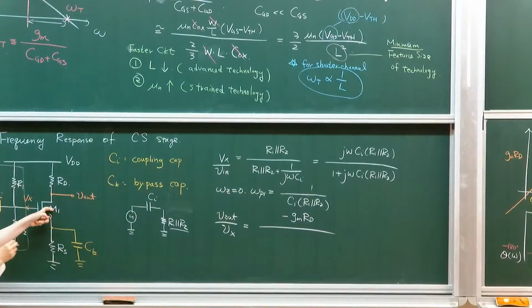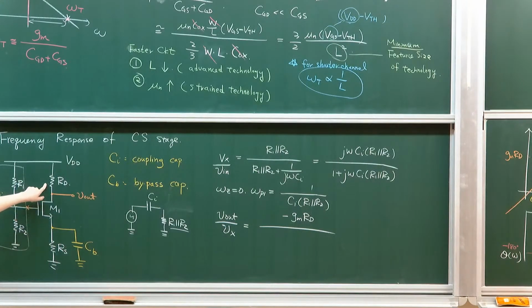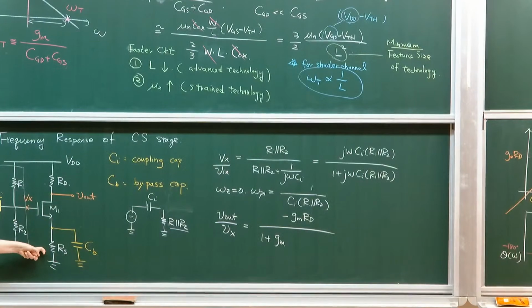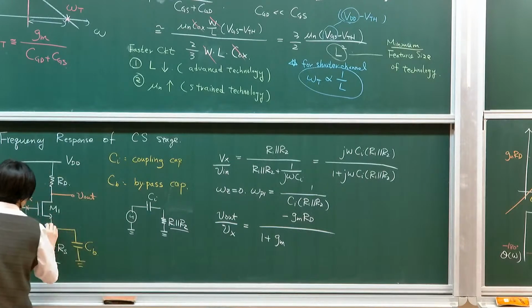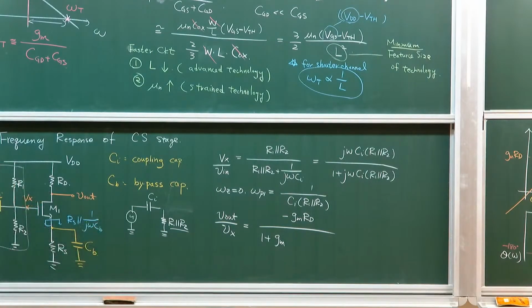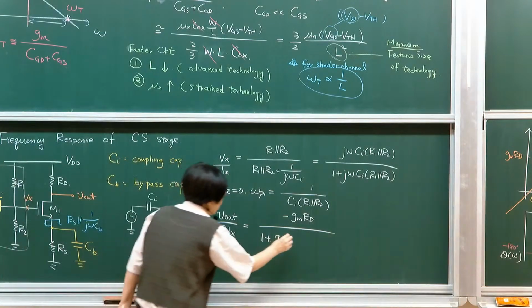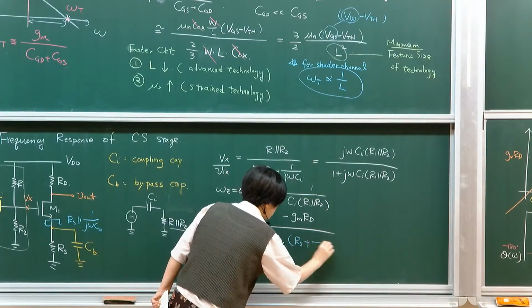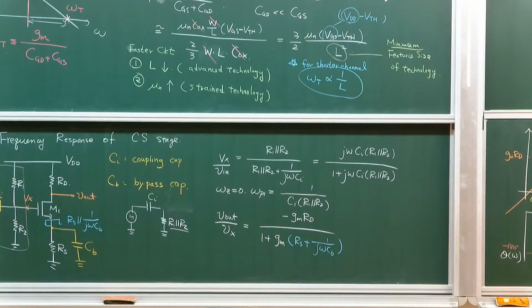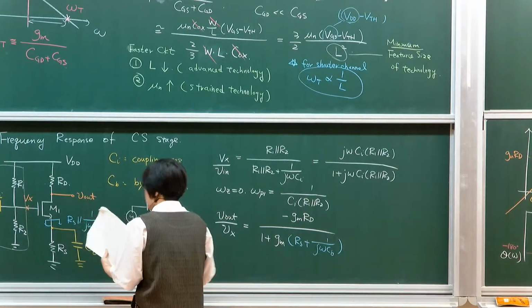Remember, this is a degenerated circuit, so you have a gain of GMRD being degenerated by 1 plus GM times the effective impedance when you look down at the source. That impedance will be RS in parallel with 1 over j omega CB, so you're simply going to use RS over 1 plus j omega CB RS.